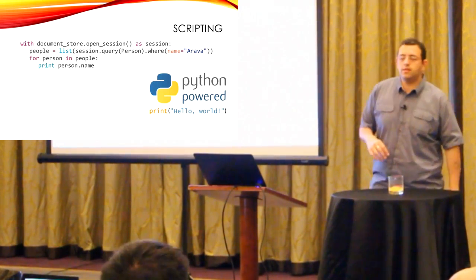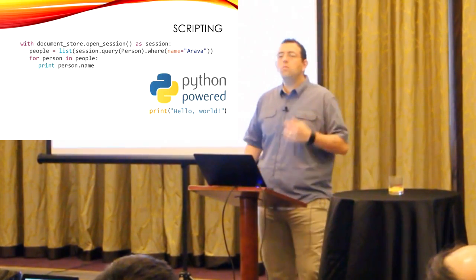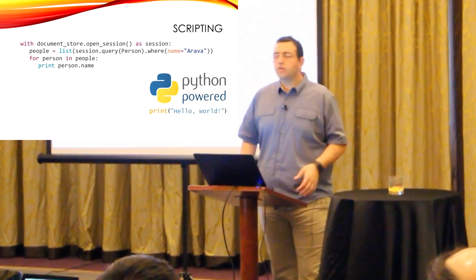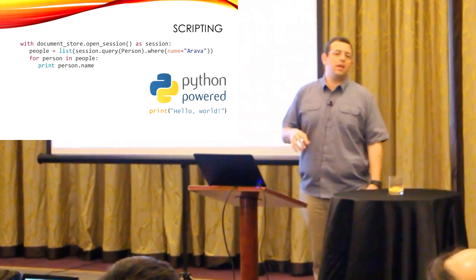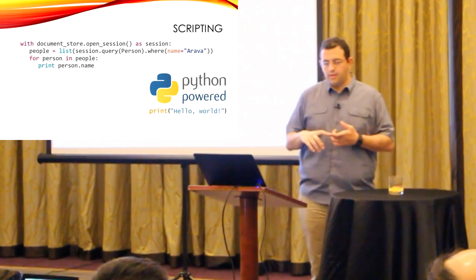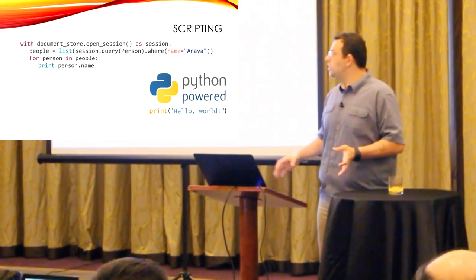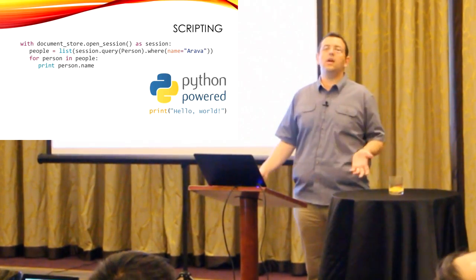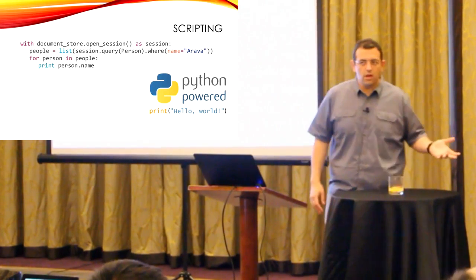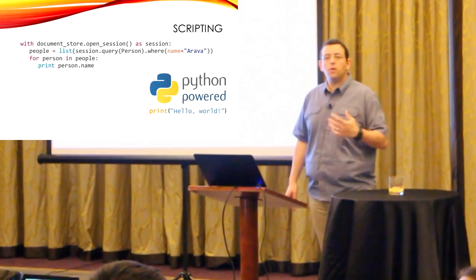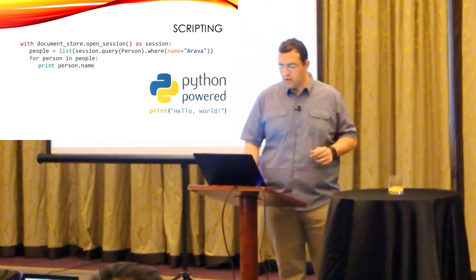The other scenario is when you have the operations teams and they need to do a whole bunch of stuff around that. So the idea here is this gives you an easy way to access RavenDB in a type-safe, dynamic, and easy manner, with all of the powers of RavenDB and everything behind it, so you don't have to do manual REST calls and things like that. So if you have some sort of an operational feature, things like that, throw it into a Python script, run it, and you're done.